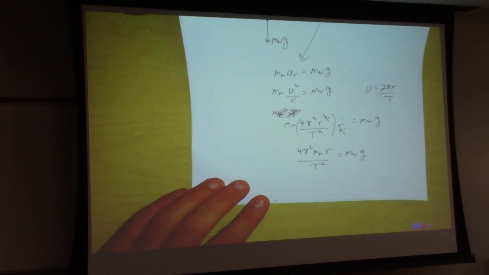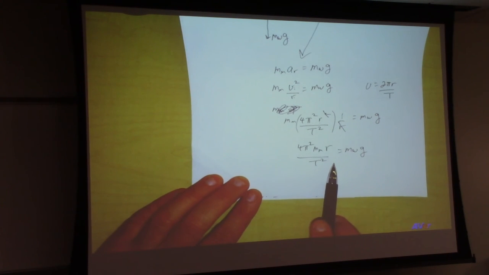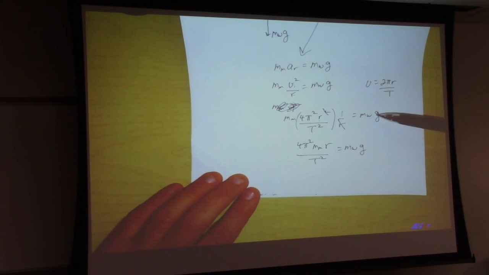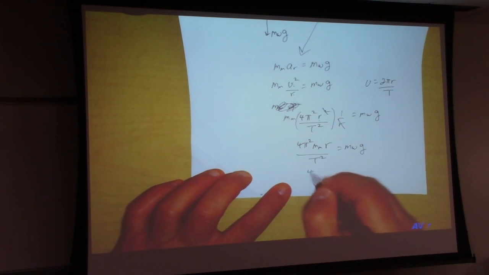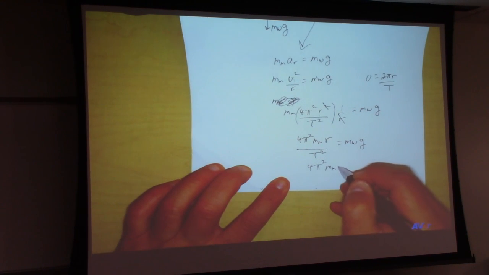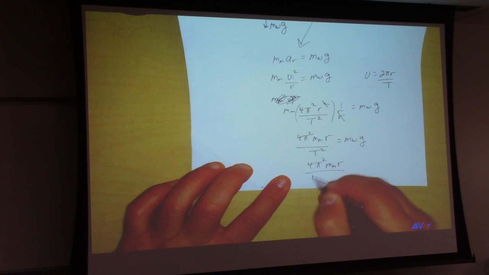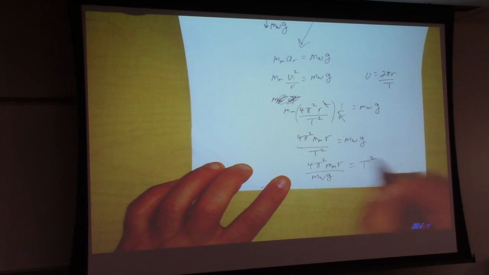Now you can do whatever you want with this. Let me just put T by itself on one side. As long as I did the algebra correctly, I think it's okay. So 4 pi squared moving mass times r divided by mass of the washer times g is equal to the period squared.